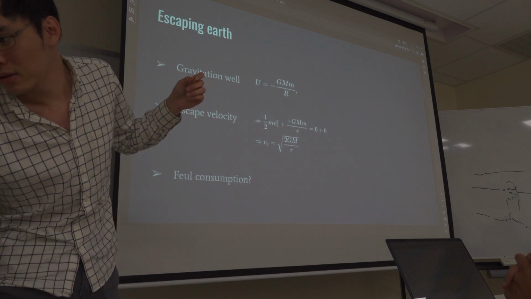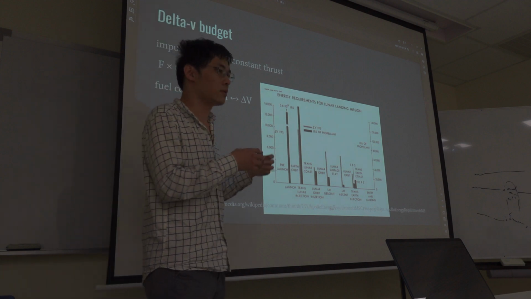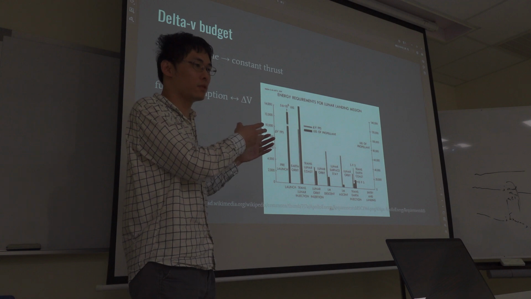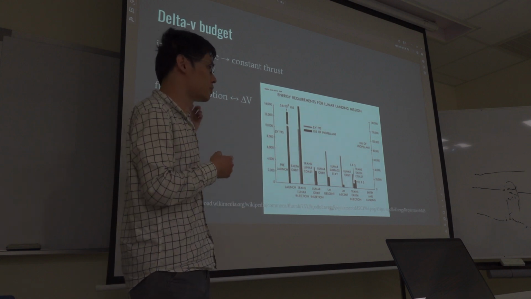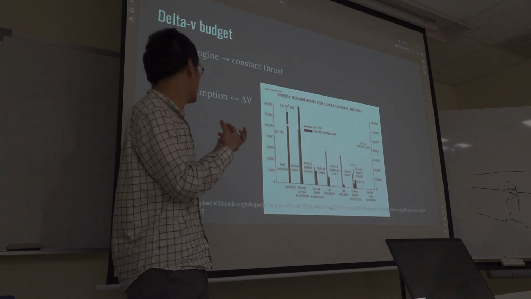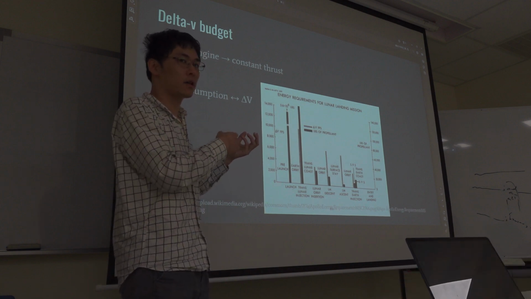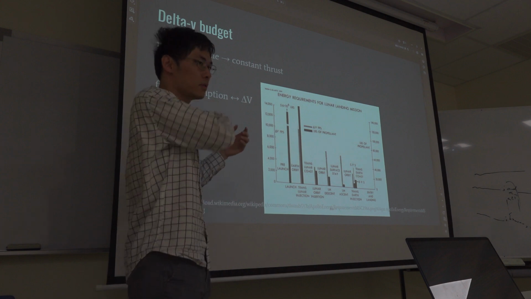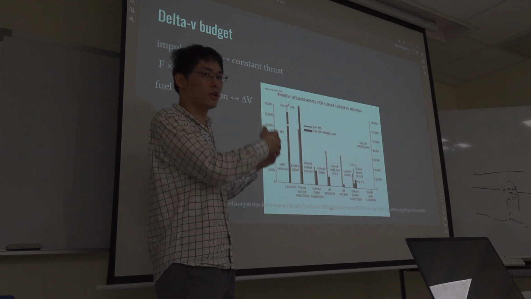Right. So in practice, what we calculate is the so-called delta V. So it's nothing magical. Delta V is delta V. It means the change of your velocity. Now, why would we want to use this number? Because when you use rocket, this is like an impulsive type of engine, which means it provides constant force, which means constant thrust, and which means you get a constant change of your velocity.